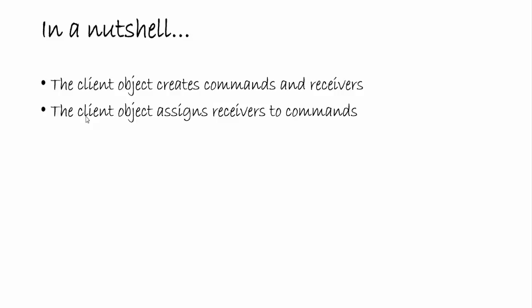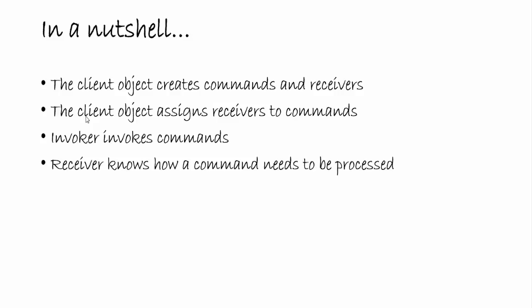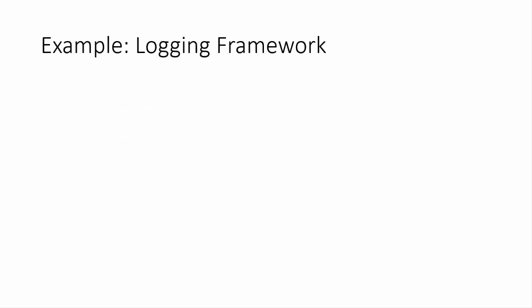The client object first creates these commands and then assigns receivers to it. The invoker invokes these commands. So that's the guy in the middle. The receiver knows how to process a command.